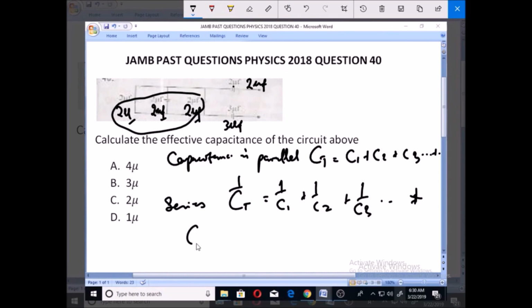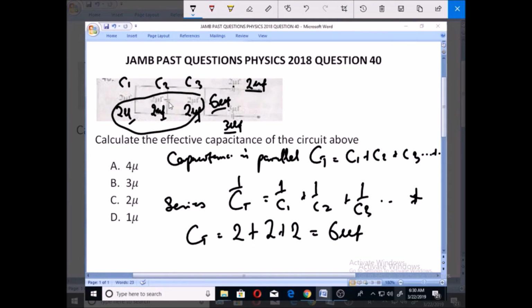So since these are in parallel, the total of these 3 is going to be C total is equal to C1, which is 2 microfarad, plus C2. This is C1, this is C2, this is C3. C2 is also 2, C3 is also 2, which will give us 6 microfarad. So since you have everything here to be the same thing as 6 microfarad, then you have these 3 in parallel, because they are just connected like this.